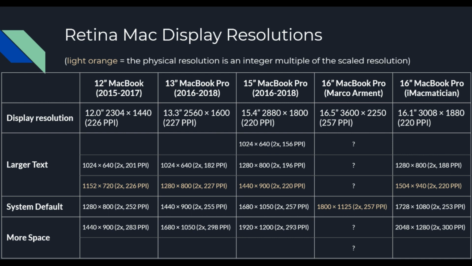So, when we get back to that chart that we looked at before, looking at this new speculation from iMathematician, it mostly just dials up the screen size, kind of holds that PPI, that density, roughly constant, and gets us that uptick in maximum usable space that we haven't seen in basically a decade from the MacBook Pro lineup.